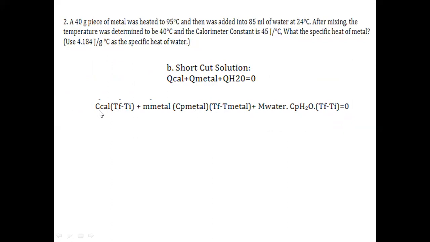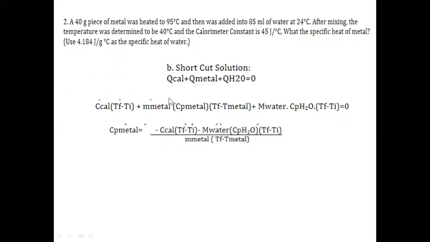This gives us Ccal multiplied by the final temperature minus the initial temperature of the calorimeter, plus the mass of the metal times the specific heat of the metal multiplied by the change in temperature, mixing temperature minus the initial temperature of the metal, plus the mass of the water times the specific heat of the water multiplied by the change in temperature, the mixing temperature or final temperature minus the initial temperature of the water, equated to 0.